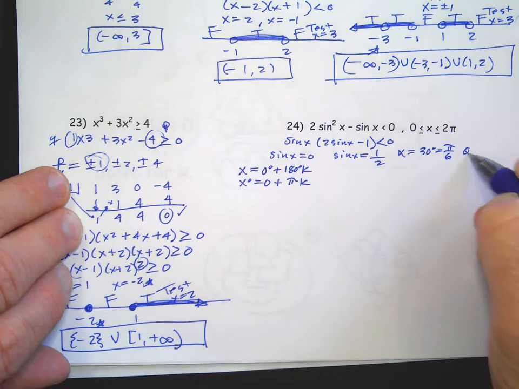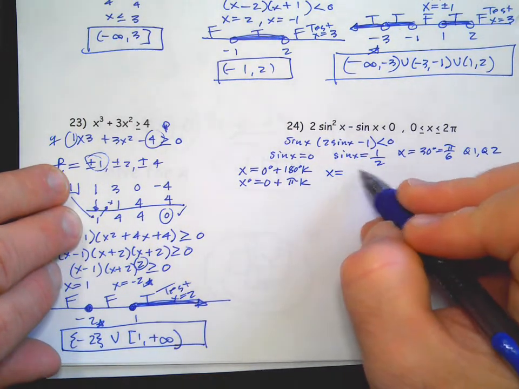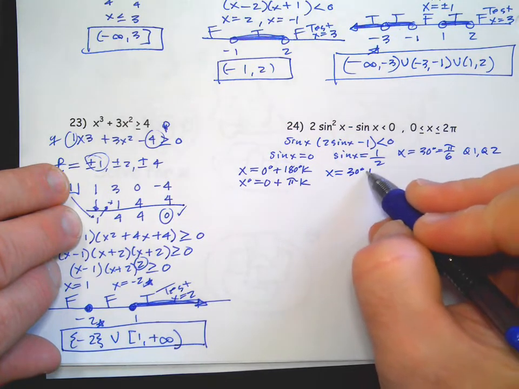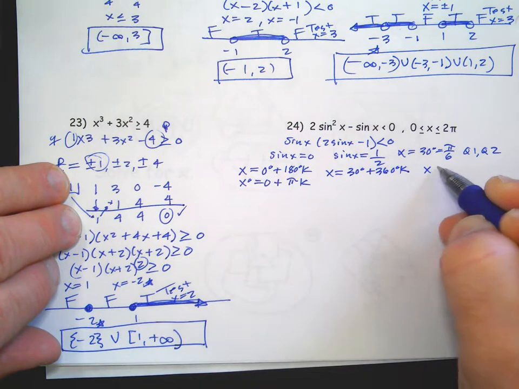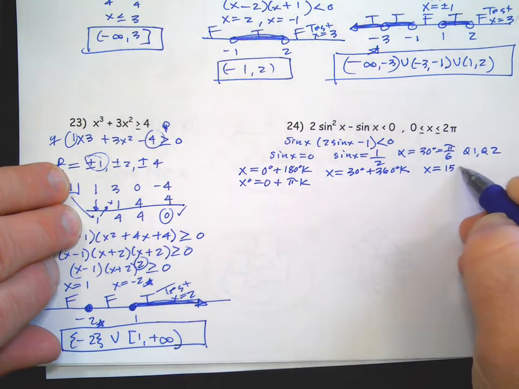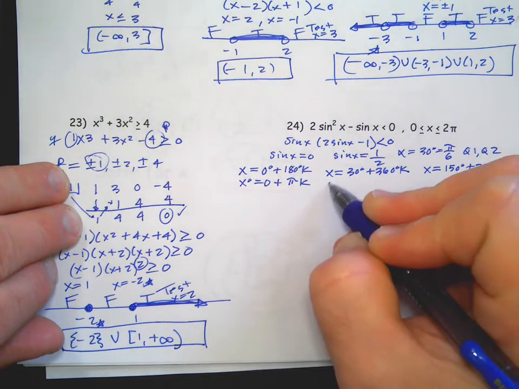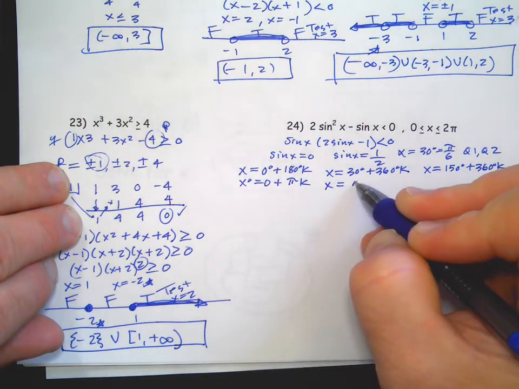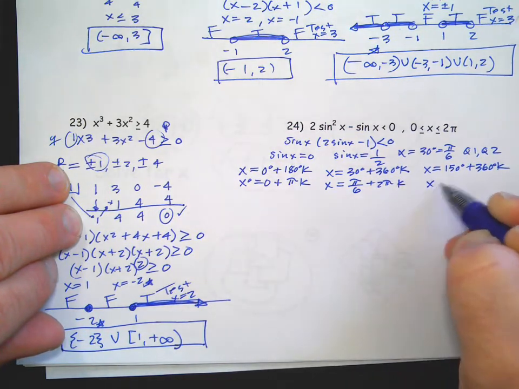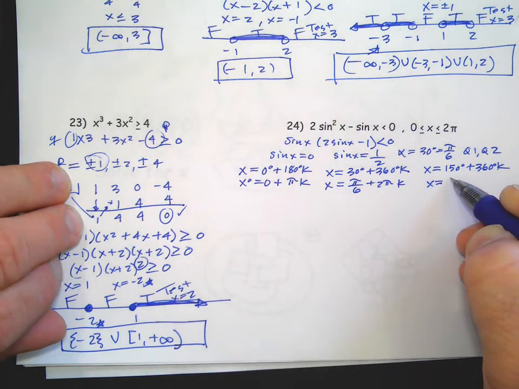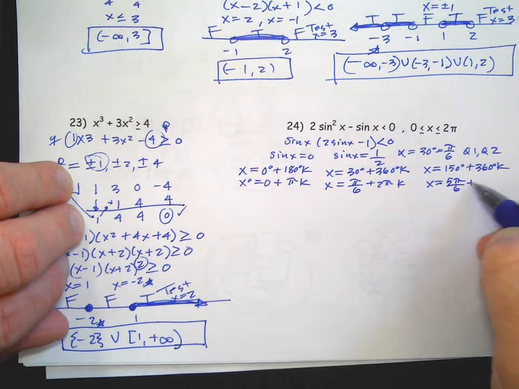It's in quadrants 1 and 2, that's positive. So x equals 30 degrees plus 360k. X equals 150 degrees plus 360k. In radians, x equals pi over 6 plus 2 pi k, and x equals pi minus pi over 6, 5 pi over 6, plus 2 pi k.